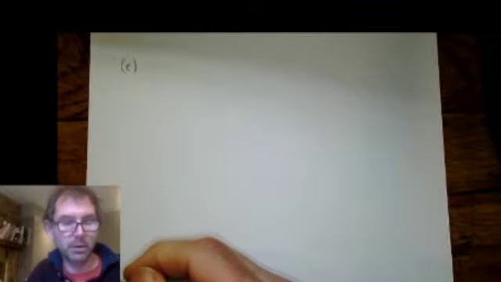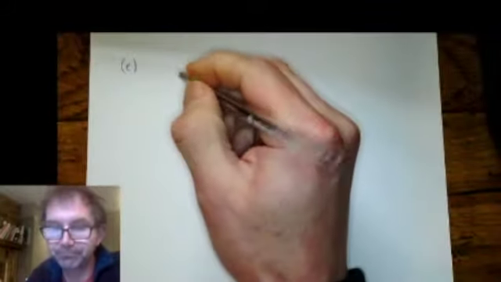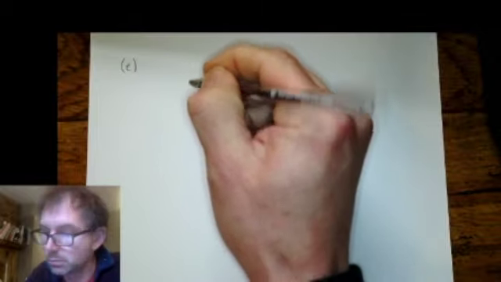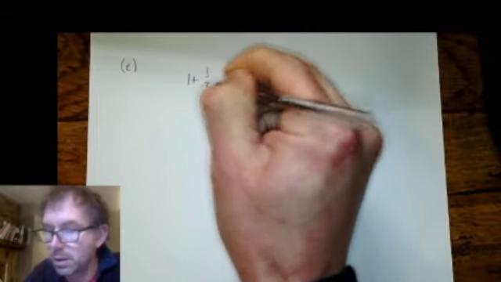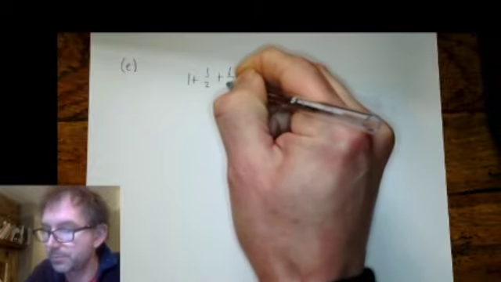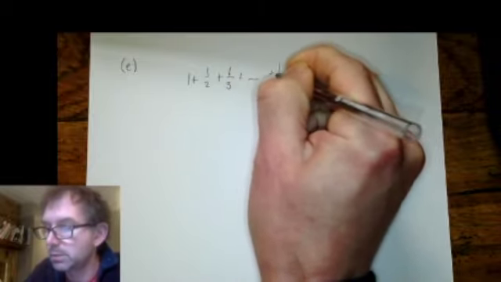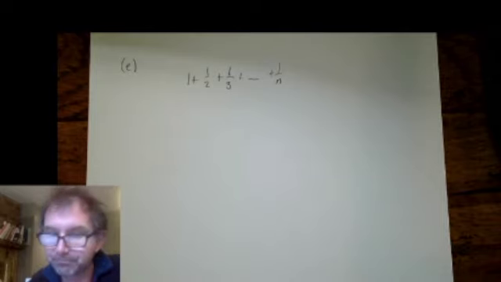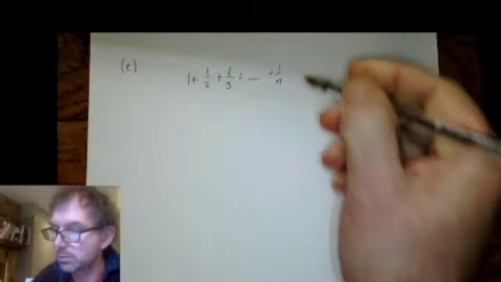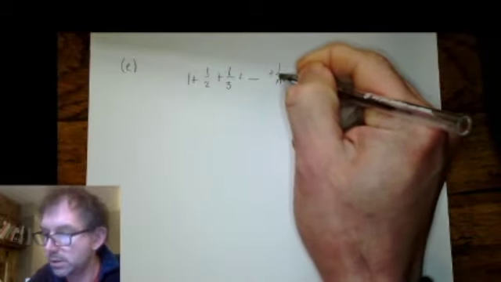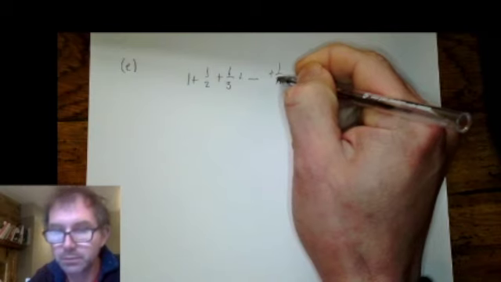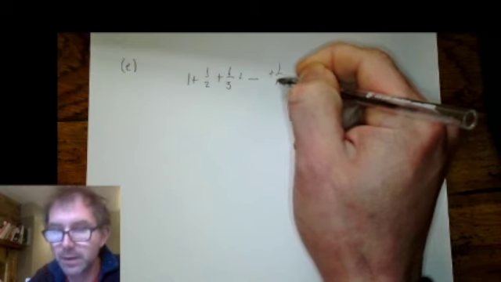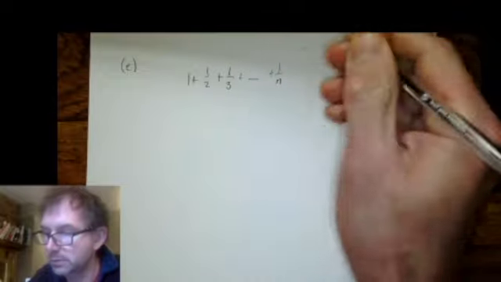We want to have a look at the harmonic sequence, which is 1 plus a half plus a third plus 1 over n, and see what we can do with this. Well, C tells us that each one of these terms is bigger than or equal to log of n plus 1 over n for each one.